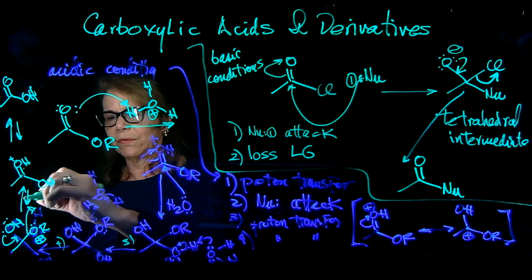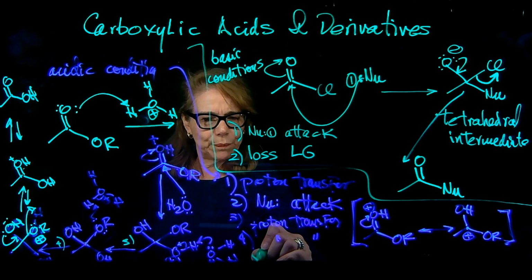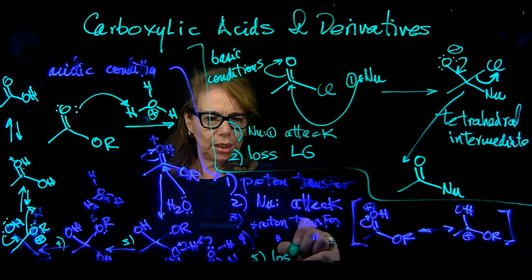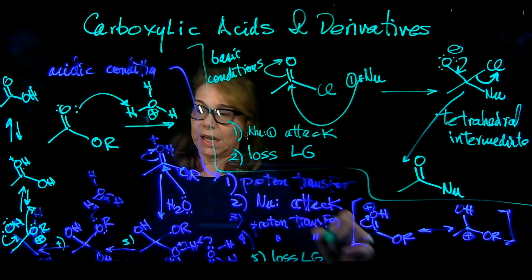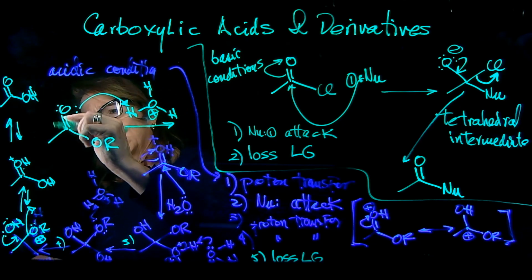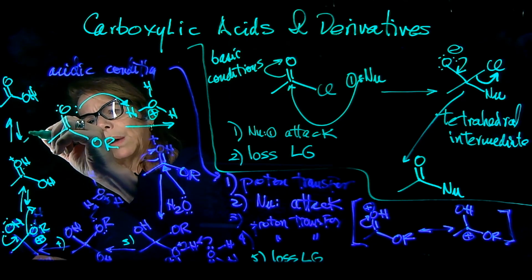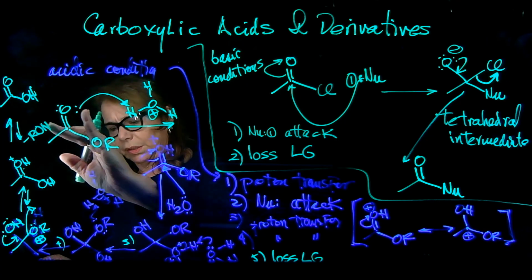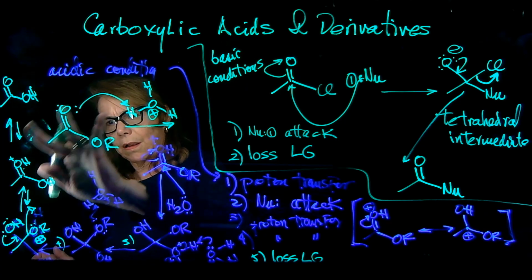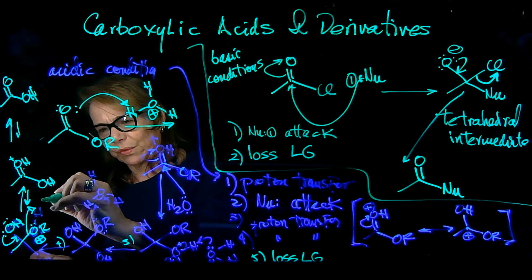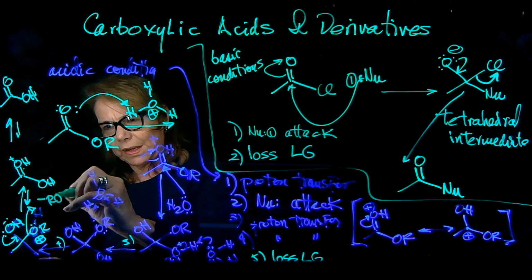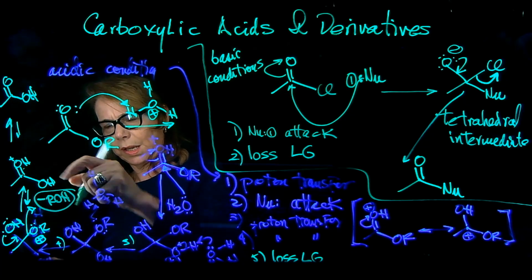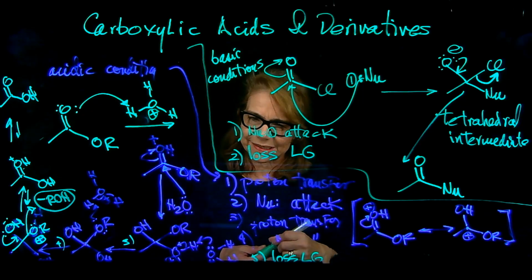And then the last step is the loss of leaving group, which in this case is an alcohol, where I'm going to say minus ROH. You're removing the alcohol and you form the protonated carboxylic acid.